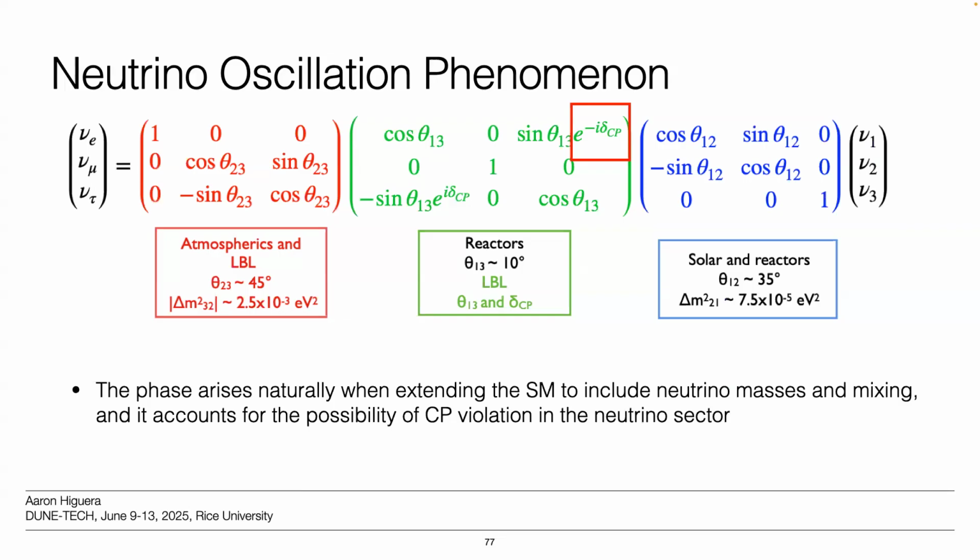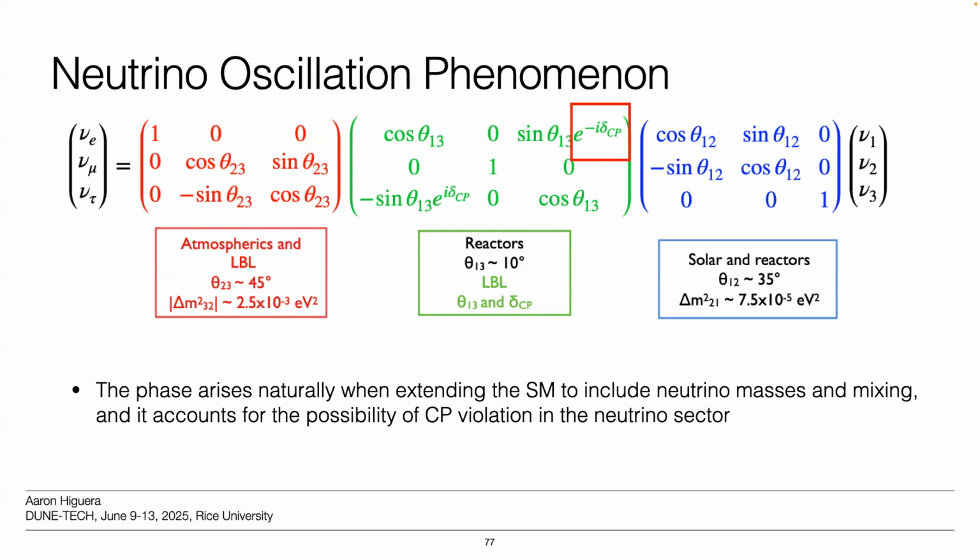So we can avoid ambiguities or significantly reduce the error bars on these measurements. Something that I didn't mention is this phase. This phase arises naturally if we want to extend the standard model of neutrinos to include masses, right? Because we know that the neutrinos must have mass, because there are mass eigenstates. So that's why we have to introduce this phase, and that's called the CP violation phase.